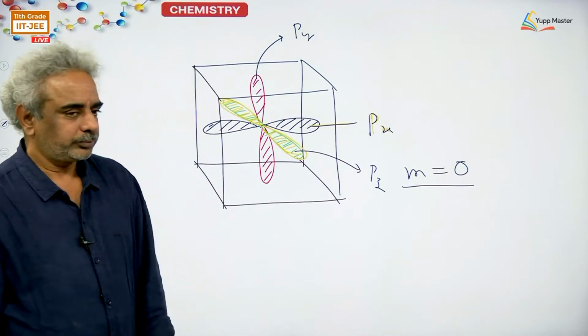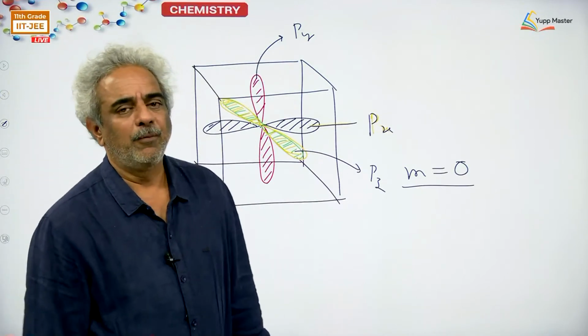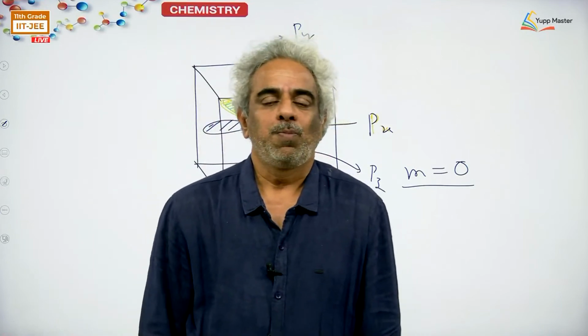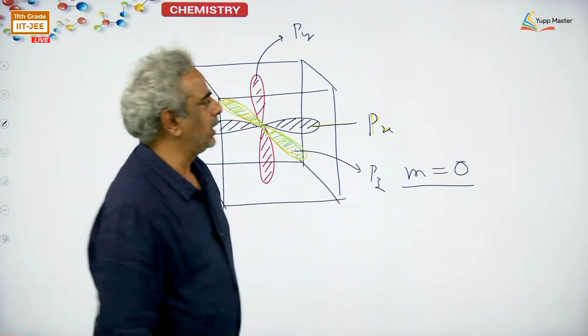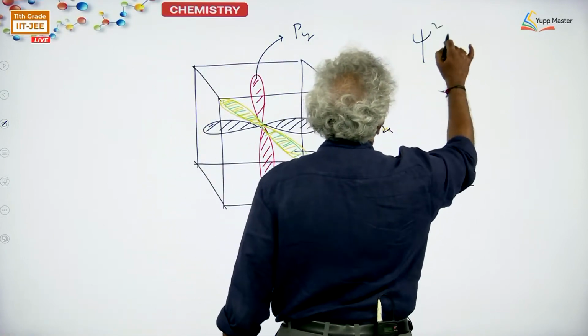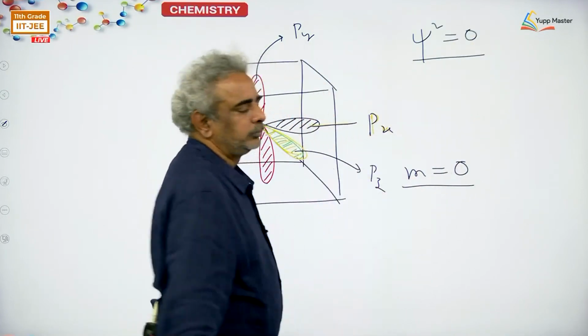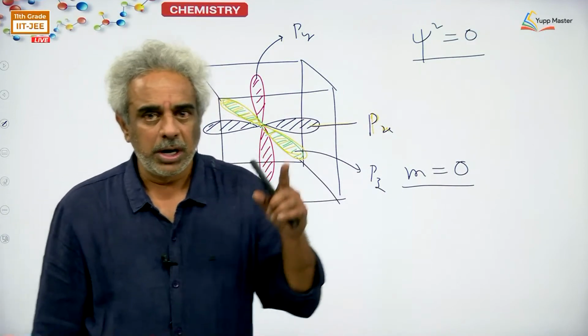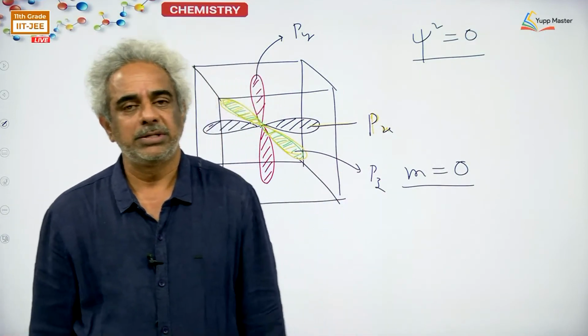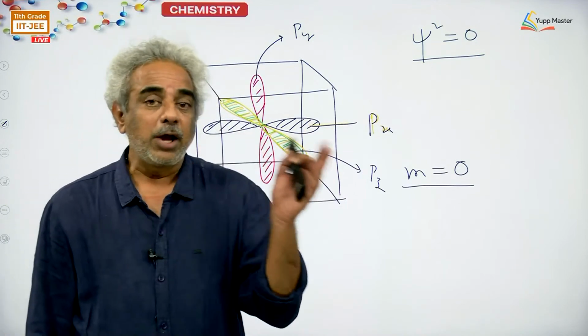Here I would like to tell you one beautiful thing. We have already seen radial node. What do you mean by radial node? Where psi square value becomes 0, based on where psi becomes 0 at one particular distance from the nucleus. Here there will be an angular node.